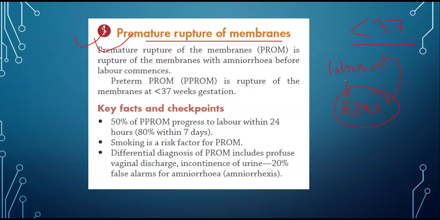Again, it is the labor pain which should start first, followed by rupture of membrane. But if it happens the other way, like membrane rupture before onset of labor, that's premature rupture of membrane. And if premature rupture of membrane happens before 37 weeks, that's what we call preterm premature rupture of membrane.